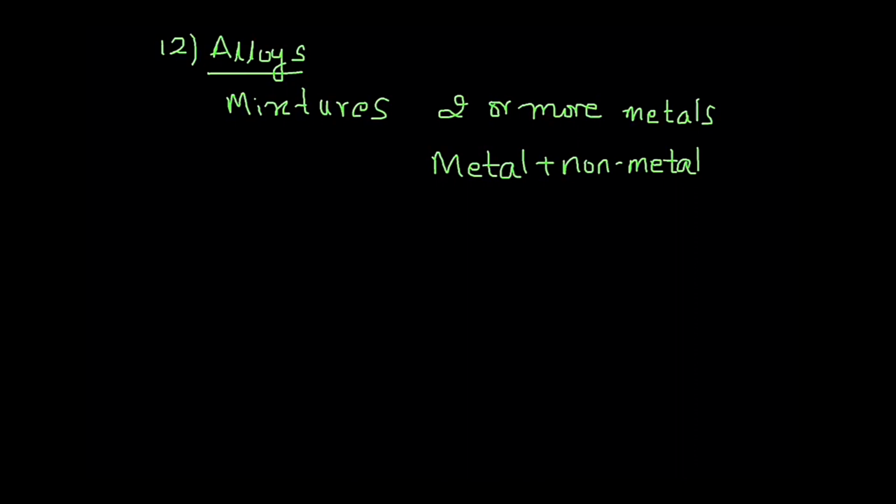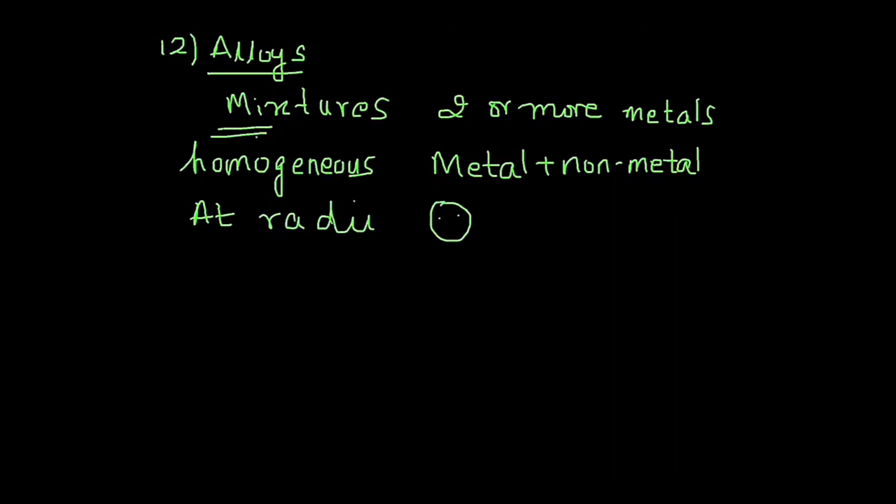Now these alloys, they are homogeneous mixtures, so the property is the same throughout. Correct? Why do transition elements form alloys? Go back to their atomic radii and you will have the answer to this question. You will not have to memorize it like a parrot.